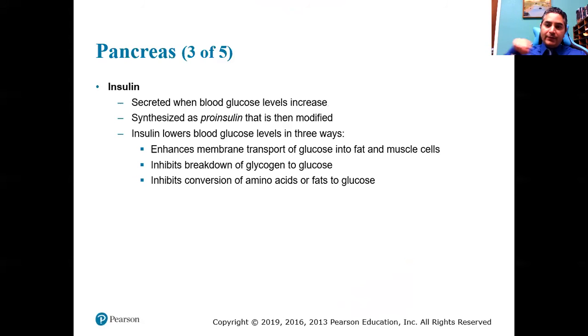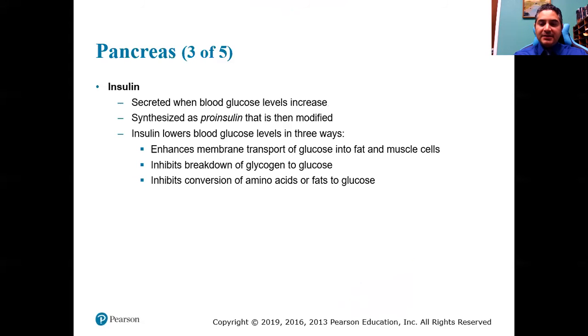Glucose high, gotta send that negative feedback. Say, hey, insulin, do something about this. What are you going to do? Well, it's going to enhance the membranes on cells to then transport glucose into the cells, okay, so they can be utilized. So glucose into fat cells, muscle cells.